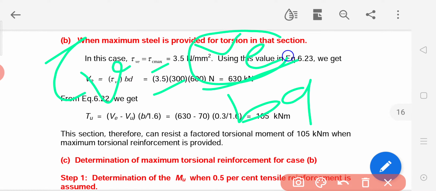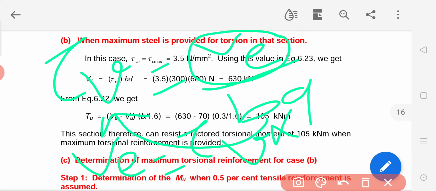So Ve equal to tau v into bd. We provide tau v as 3.5 Newton per mm square, b as 300 and d as 600. So we get Ve equal to 630 kilonewton.